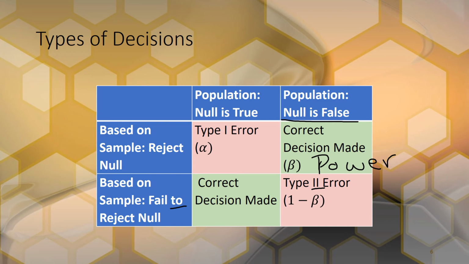So in our pizza example, if our null is that it equals 30 minutes for the average delivery time, but the real average is 31 minutes, it might be hard to detect a difference there. But if the real average and the truth is that it's 40 minutes and our null is 30 minutes, then it'd be easier to find a difference there.